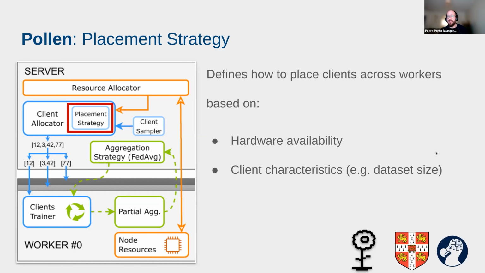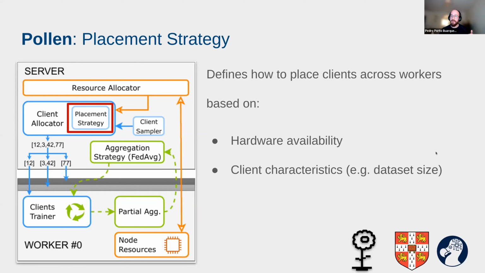With this information, we use the concept of placement strategy. This placement strategy, based on the information that we receive from the resource allocation, will associate a specific client with specific characteristics, for example the data set size, onto a specific worker.